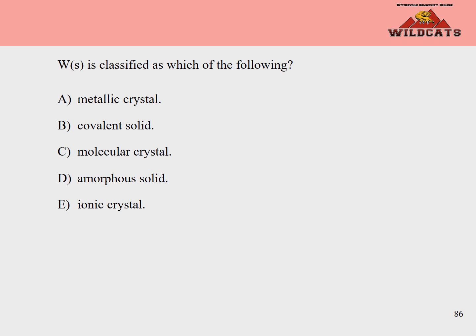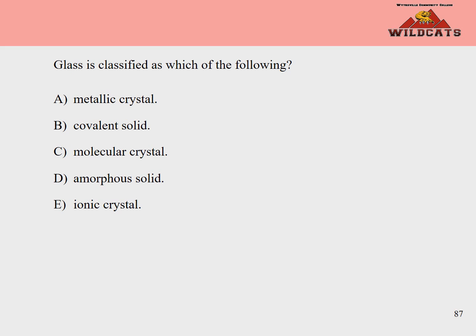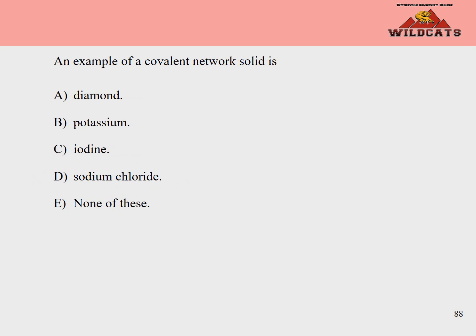So tungsten is classified as a metallic crystal because it's made up of metal. We just talked about glass. Glass is an amorphous solid. A covalent network solid is a diamond. So covalent network solids are extremely strong.